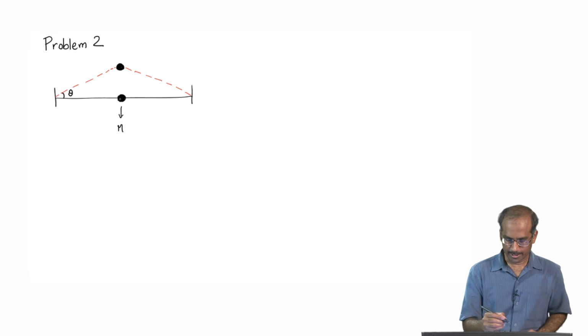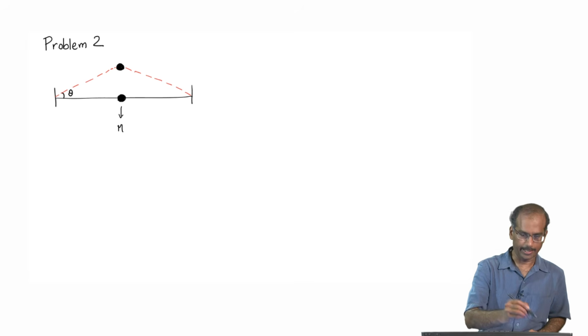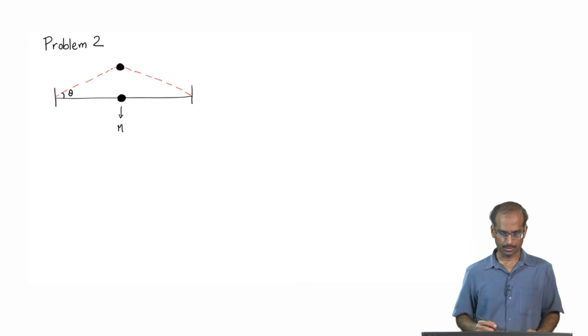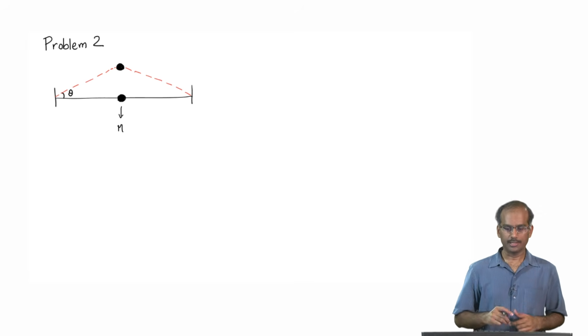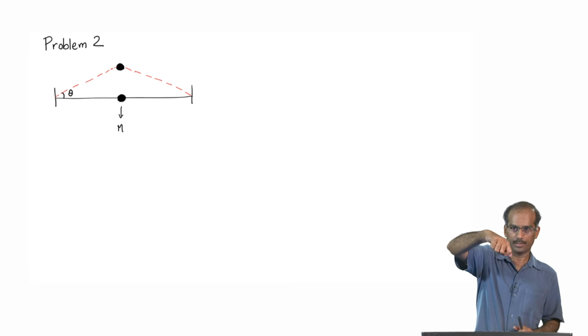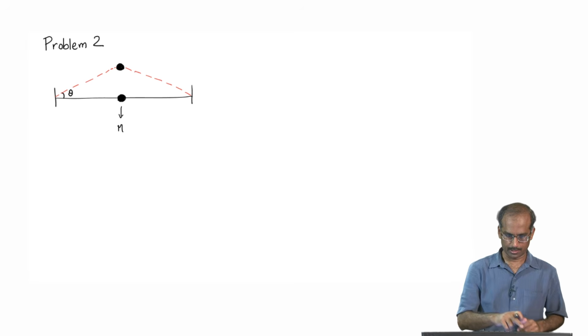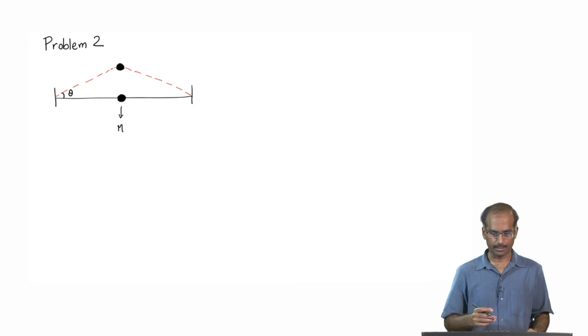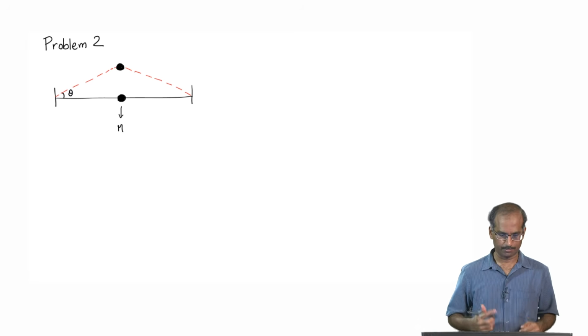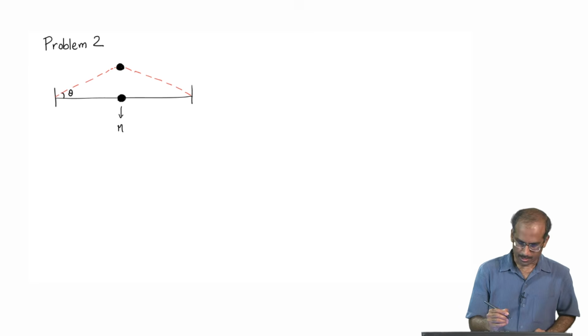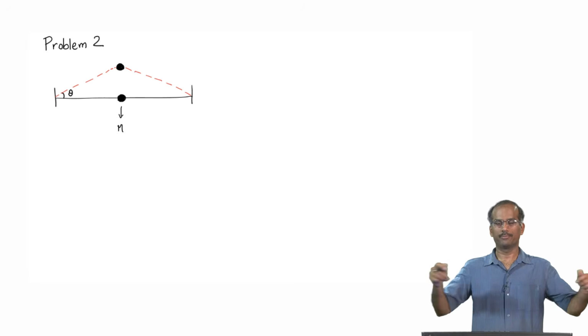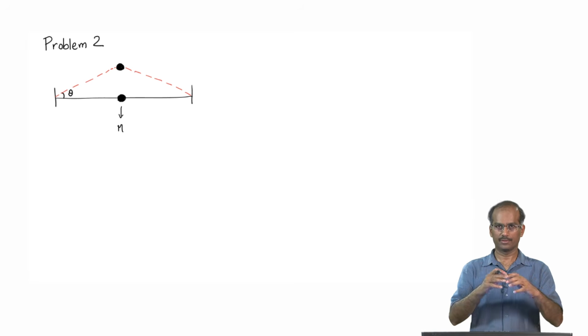And of course, we have already taken m to be the mass of this block, and let us say that I am going to pull it up and leave it, and theta is the angle at which I am going to leave it. And so, this is our equilibrium position, the point at which nothing happens.